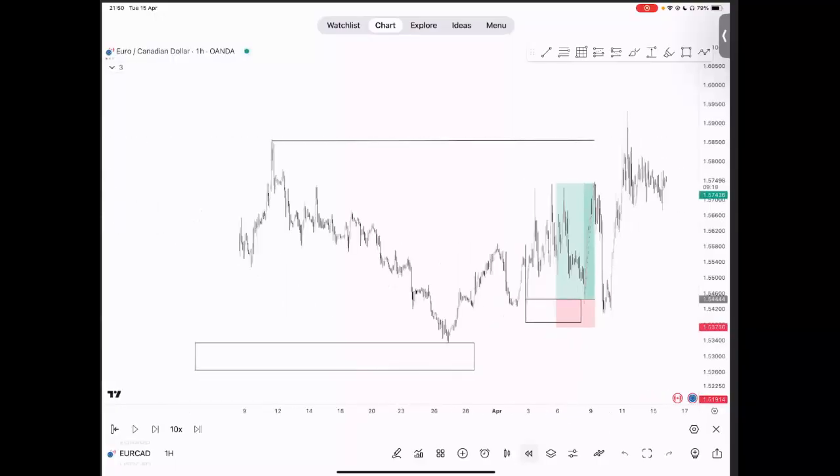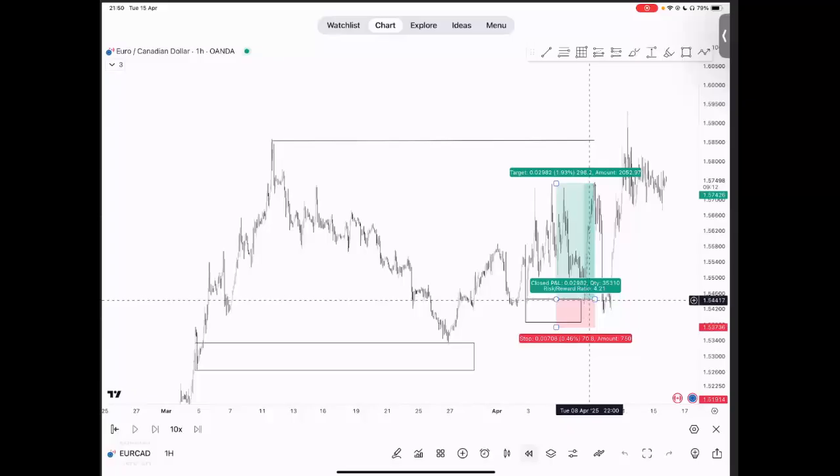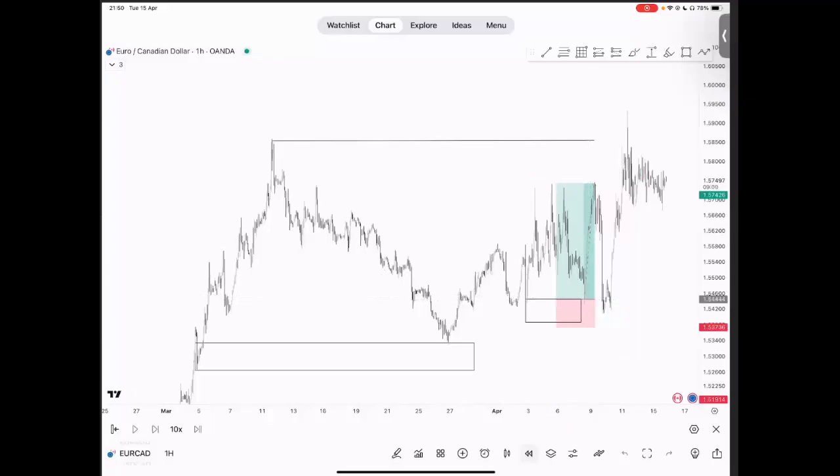Remember, price is coming from where and where is price going to, right? So you can see your hammer candlestick pattern at this level, and then finally price has taken out this previous high.